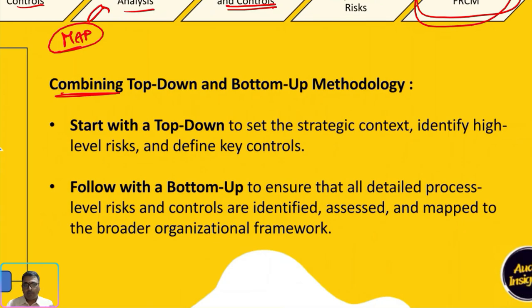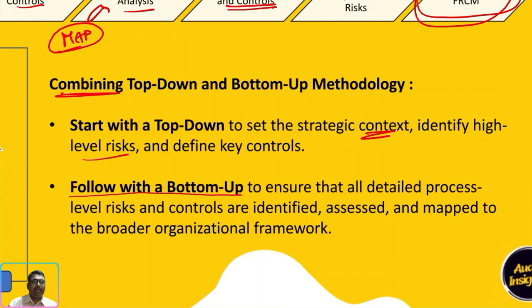Start with the top-down to set the strategic context and then identify high level risks. So start with enterprise level strategic objectives and then ask what are the key risks arising out of those objectives that can stop the organization from achieving them, and then follow it with a bottoms-up approach, wherein we don't lose the strategic context, we don't lose the overall context.